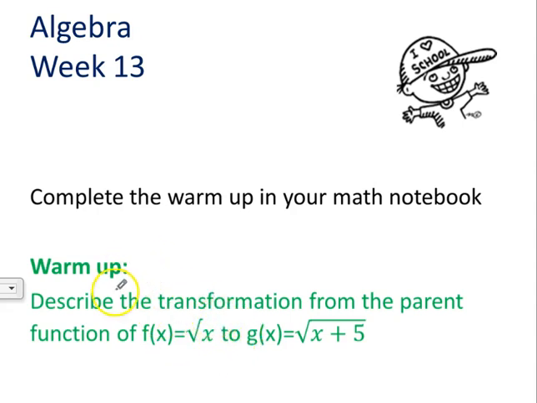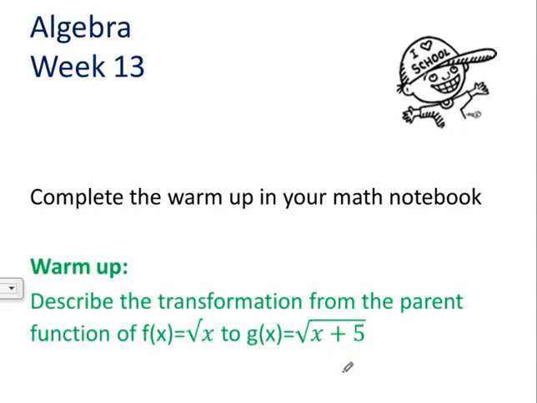It says, describe the transformation from the parent function of f of x equals square root of x. So we're looking at a parent square root function, and we then are going to compare it to the function g of x equals square root of x plus 5, and all of that is underneath the square root sign.